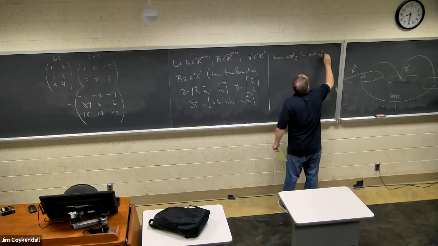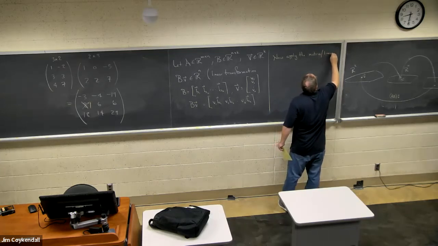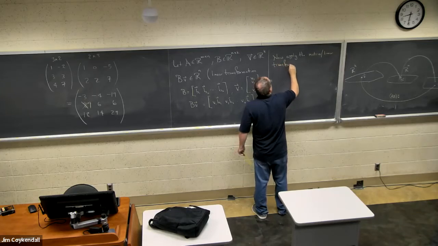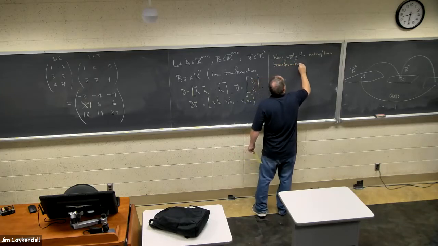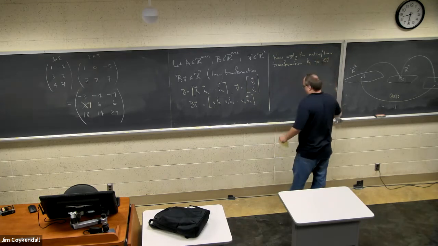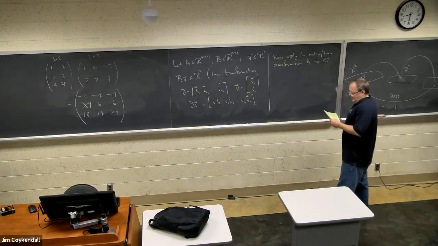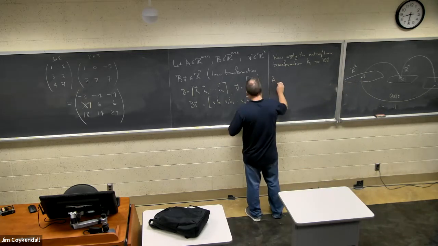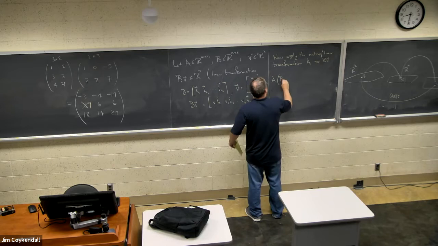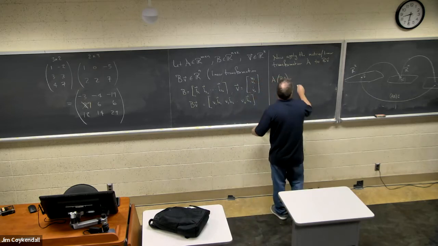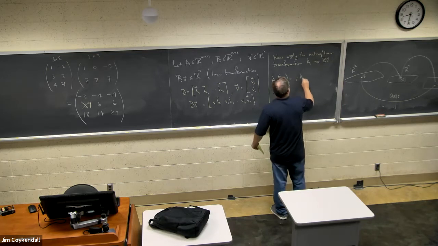Matrix linear transformation. A to B, and what we did is AB, B equals B1.